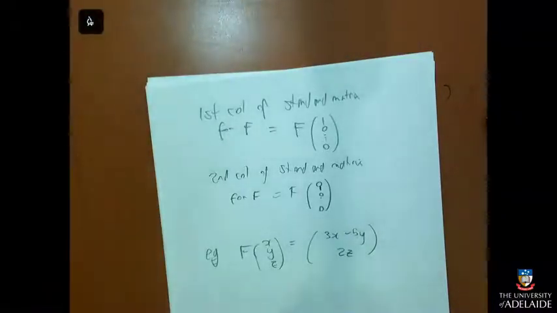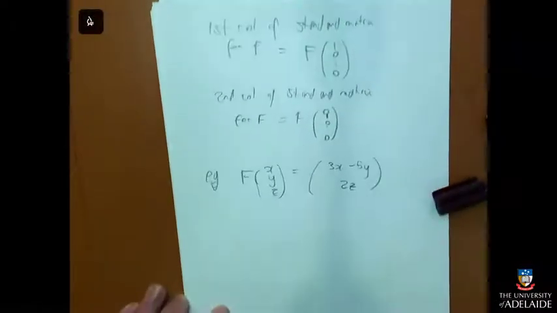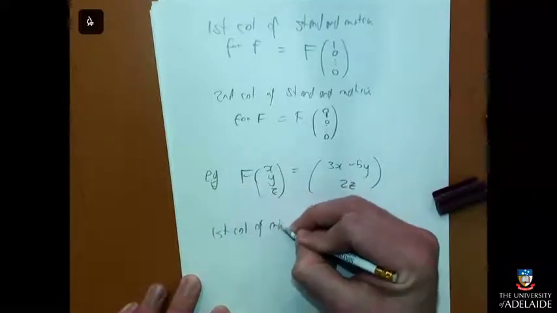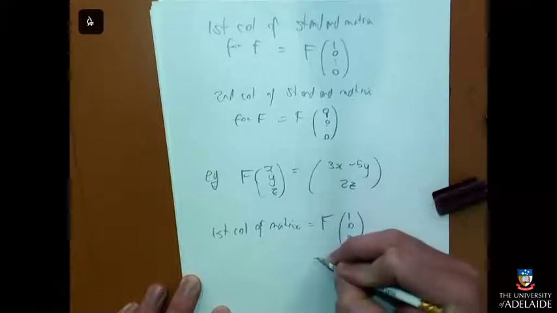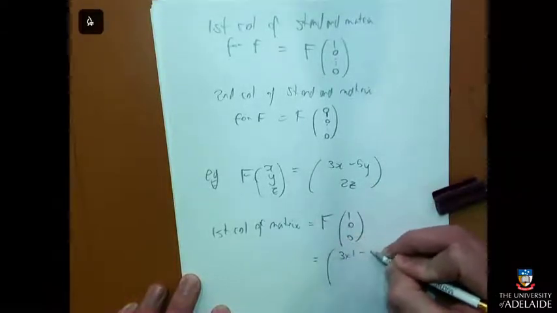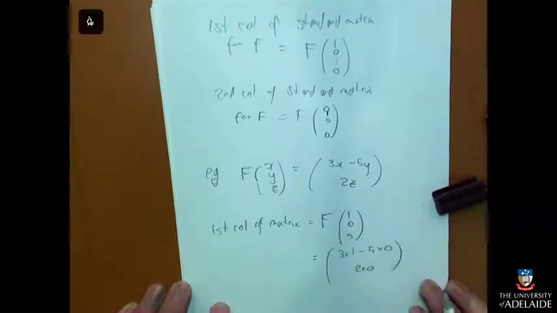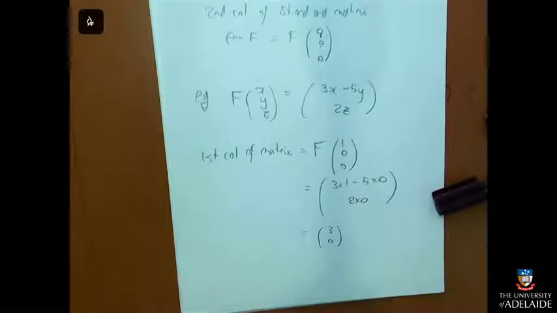I'm going to pretend that I didn't know how to do that and just figure out what the standard matrix is using this procedure. So the first column of the standard matrix is F of 1, 0, 0, which is 3 times 1 minus 5 times 0, 2 times 0, which is 3, 0. And that's exactly what the first column should have been.